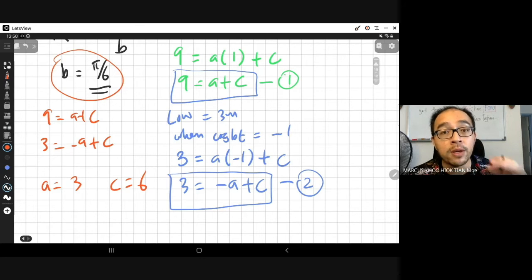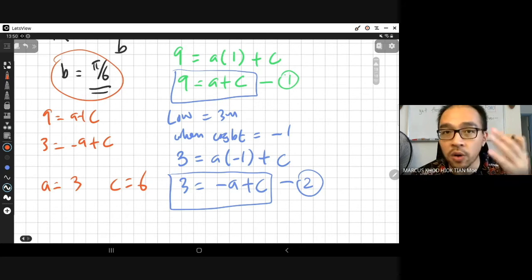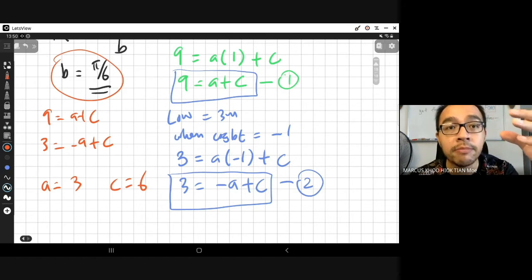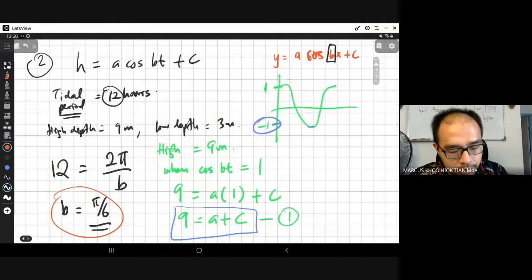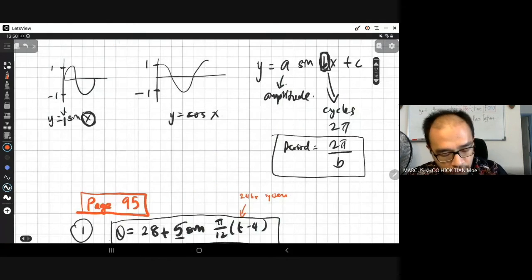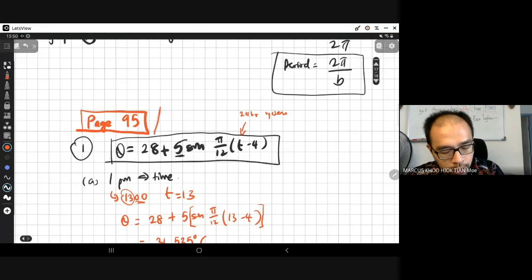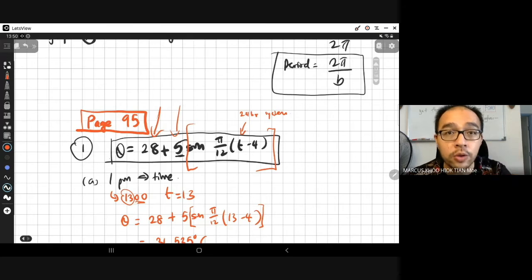Once again, we see that the only real thing we have to understand is the concept of the maximum and the minimum of the graph. We ignore this number, we ignore this number. Look at the function before. We ignore all of these for now and take only the sine, because we know that the sine value and the cos value have a maximum of 1 and a minimum of -1.